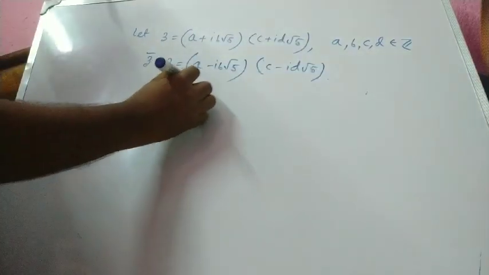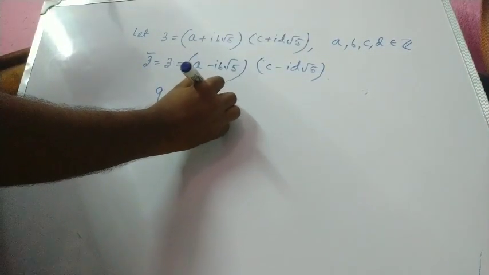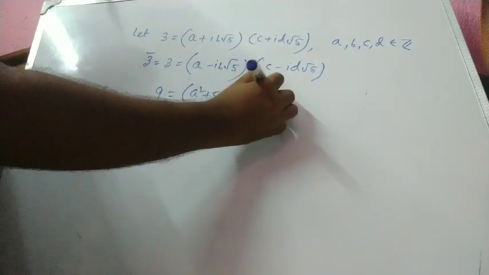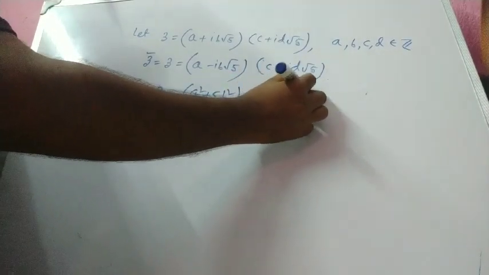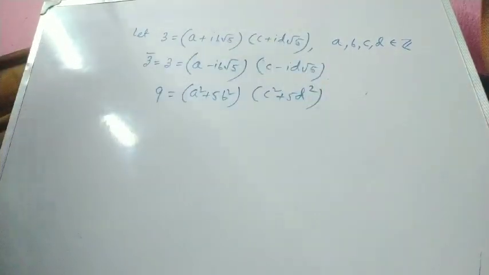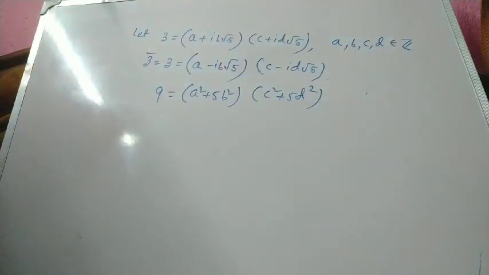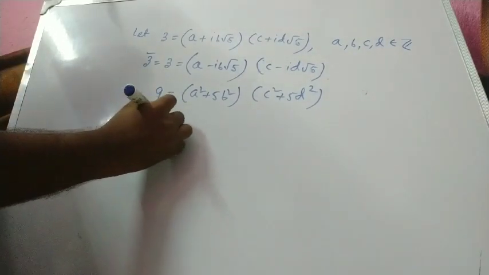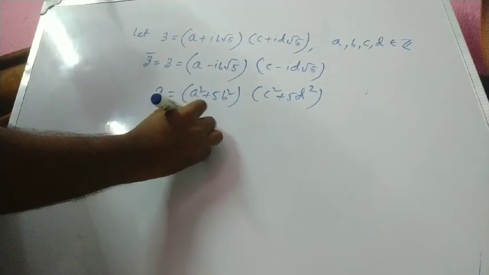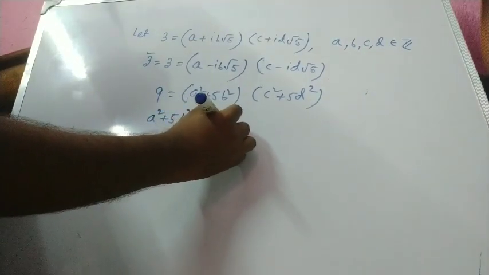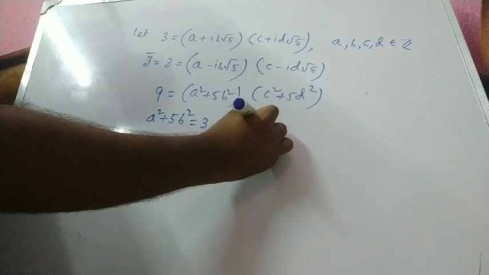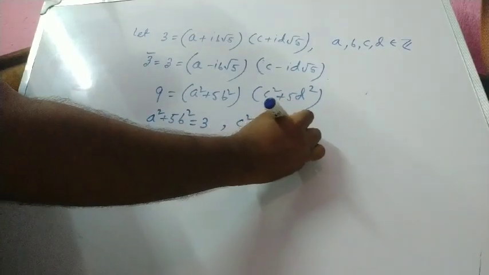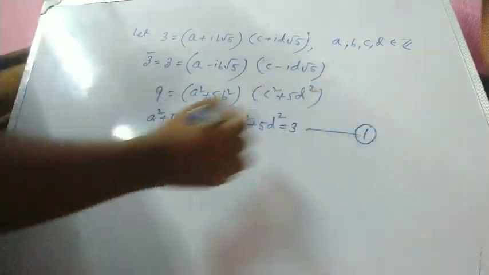That is 9 is equal to (a square plus 5b square)(c square plus 5d square). Since a, b, c, d belong to Z, it follows that a square plus 5b square is equal to 3 and c square plus 5d square is equal to 3. This is equation number 1.